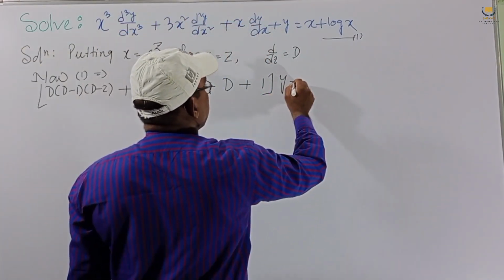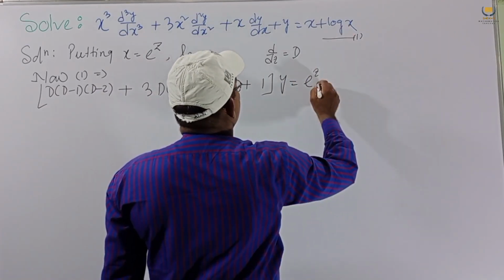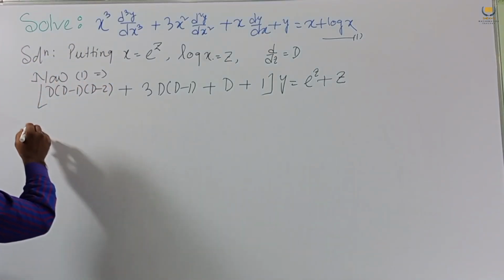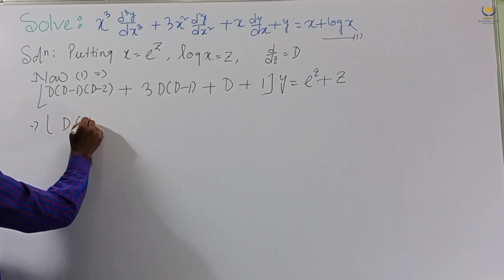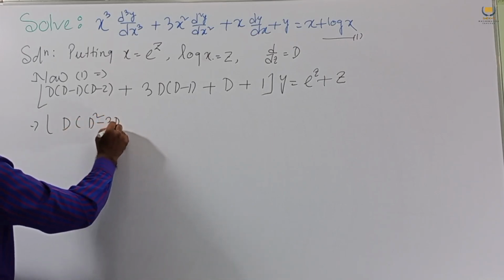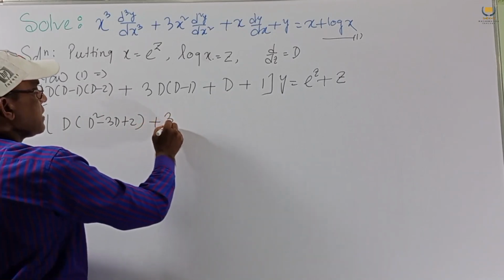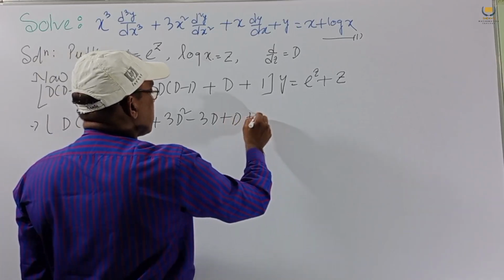The right hand side x means e to the power z, and log x means z. Multiplying this, we get D square minus 3D plus 2, and 3D minus 3, plus 1.